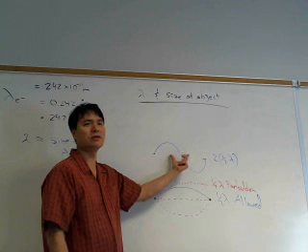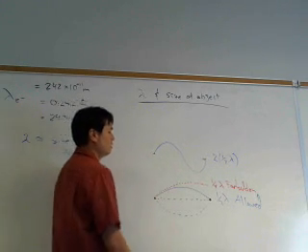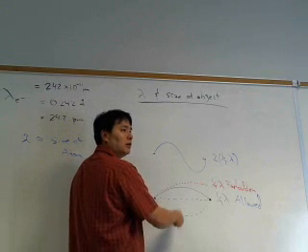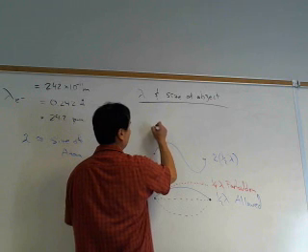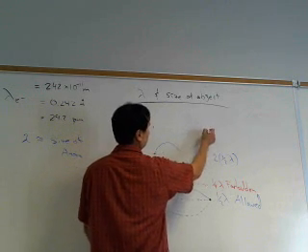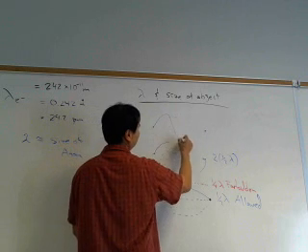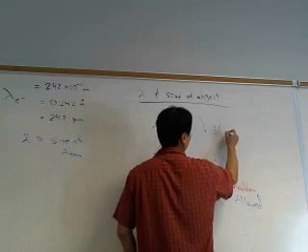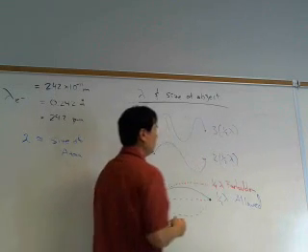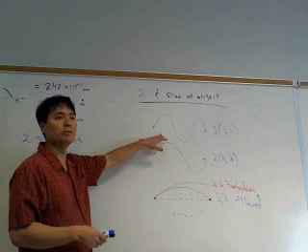Is that allowed, or is that forbidden? The next one that's allowed is if I pluck it really hard, then I can get 3 half wavelengths in there. So 3 times 1/2 lambda. These are allowed, but anything else in between is forbidden.